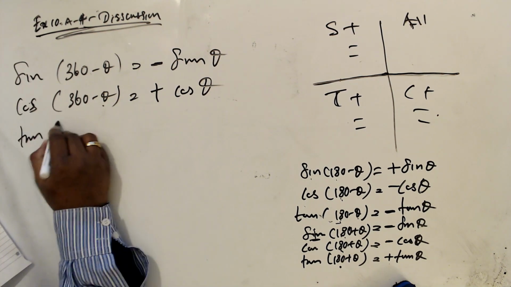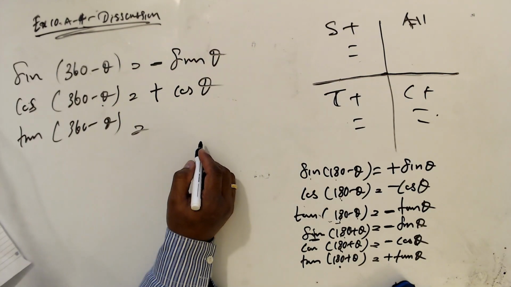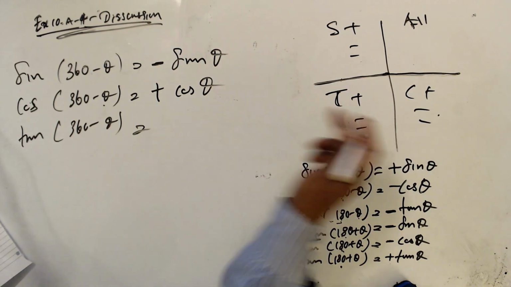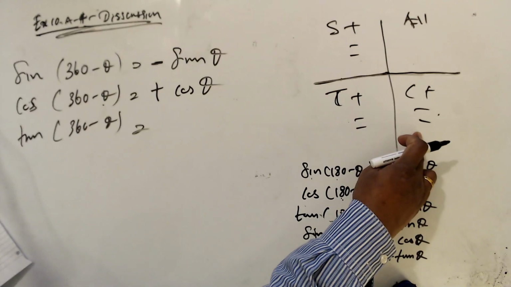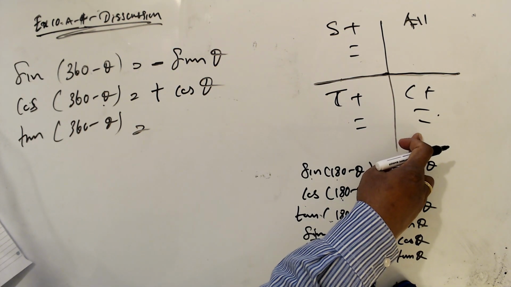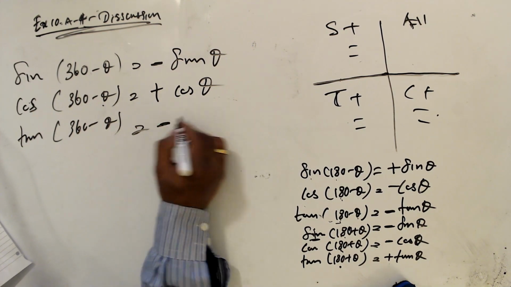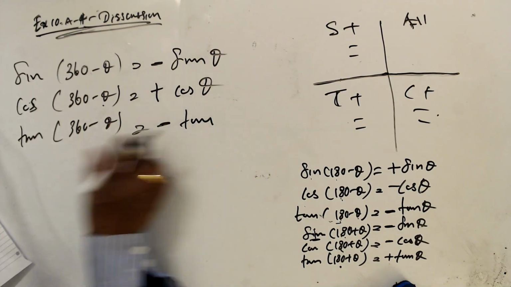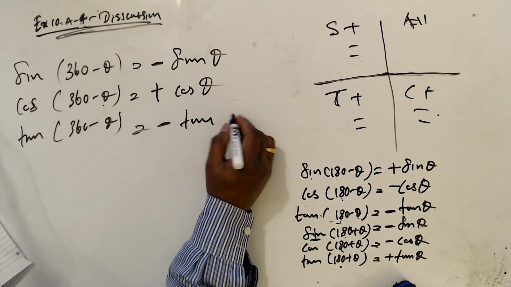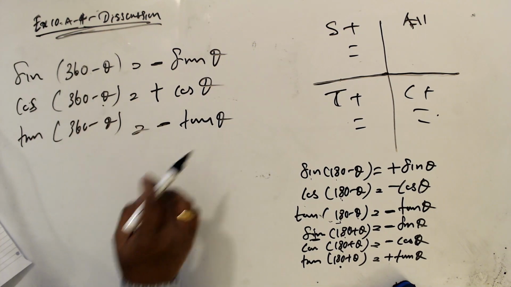Tan 360 minus 30. 360 minus 30 is an angle in the fourth quadrant. In this quadrant, tan ratio is negative. So the negative tan ratio as it is with the small angle. See, I dropped 360.